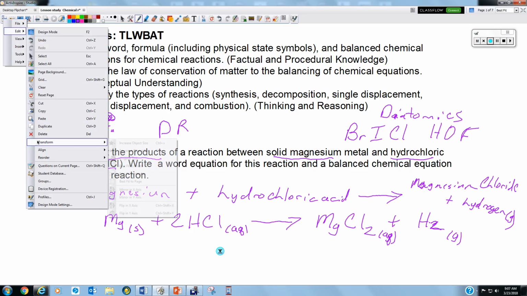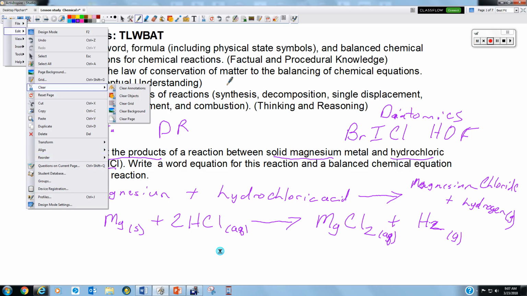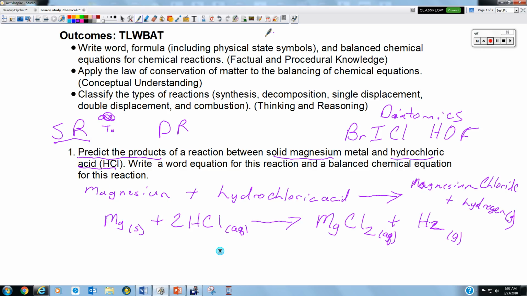Let me insert a page. Zinc is always going to be a +2. Let me show you one for a double replacement reaction real quick.